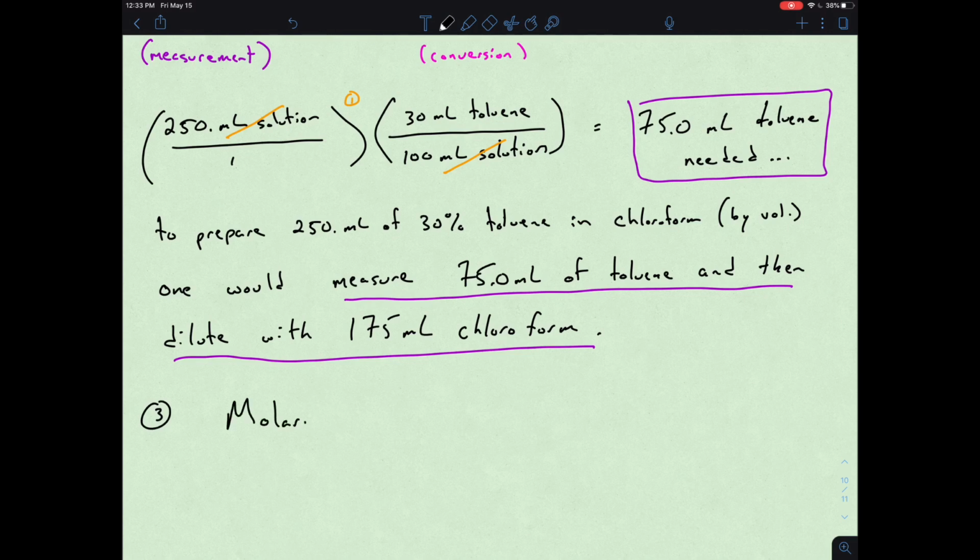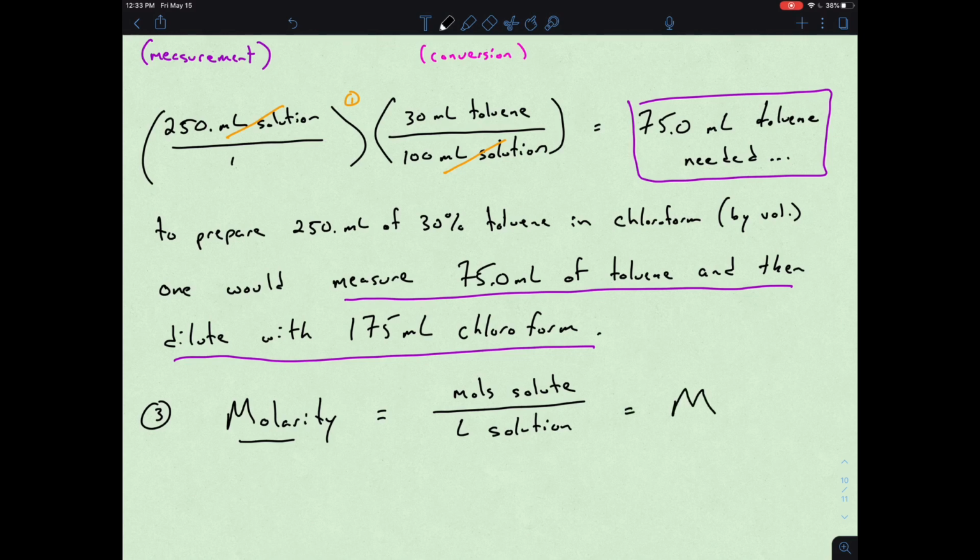The third one that we will use a lot is molarity. And this is moles of solute per liter of solution.